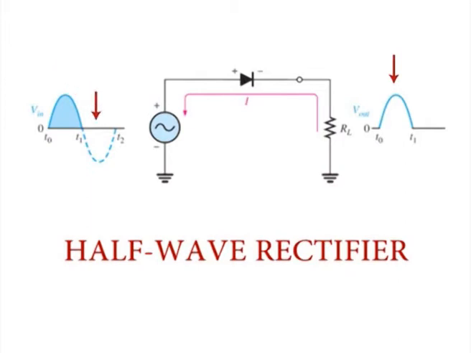When the input voltage goes negative during the second half of its cycle, the diode is reverse biased. In such a situation, there is no current, so the voltage across the load is 0 volt, as shown here.